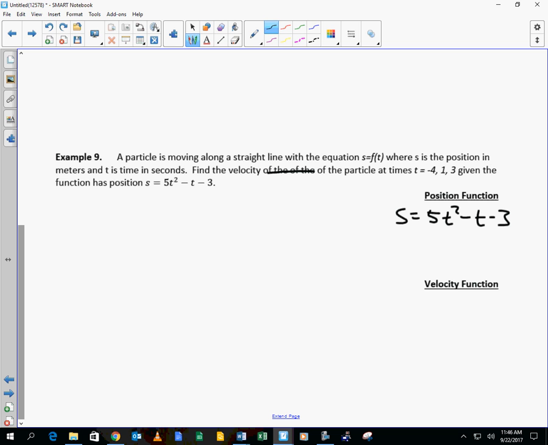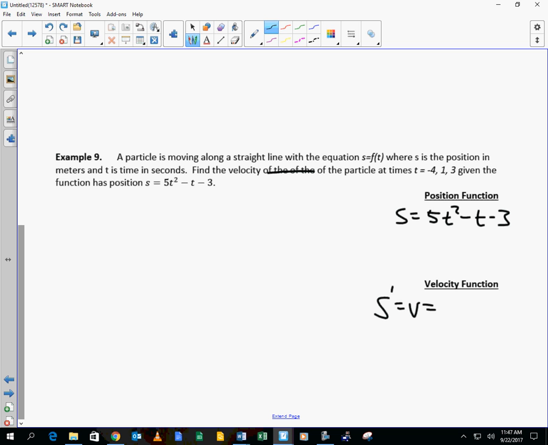Okay? The velocity is the rate function. So if you take the derivative of distance, you get the velocity. Velocity is the rate of change, right? We just talked about that on our previous problem. There's a distance runner. He's running. What is the derivative of the distance or the position?